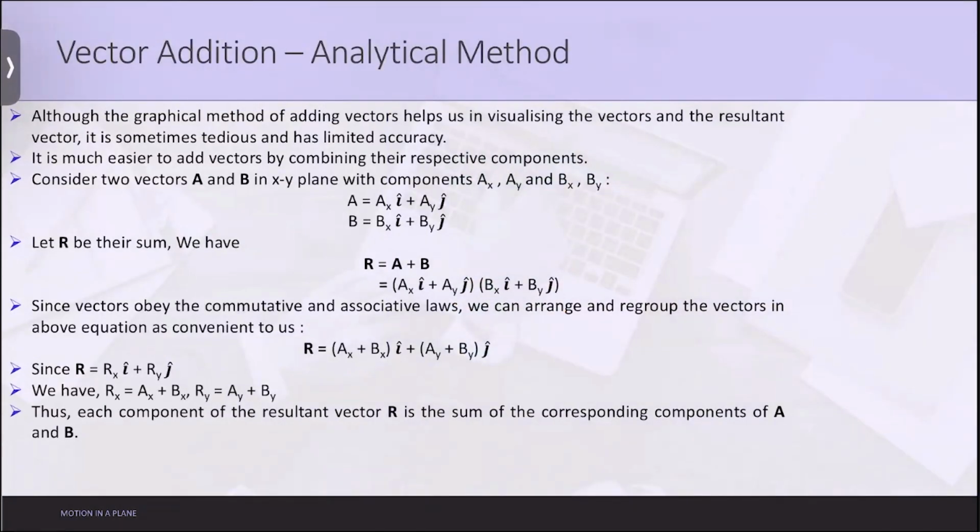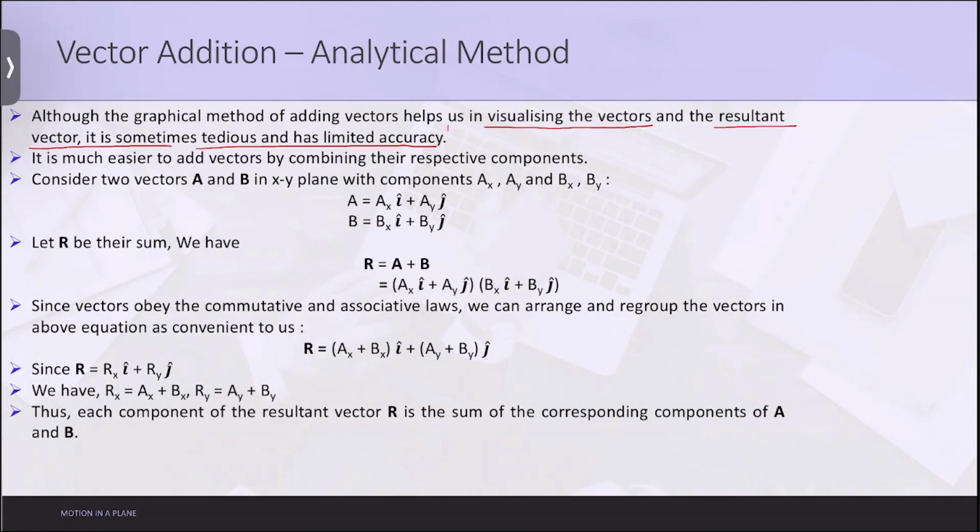Okay, so although the graphical method of adding vectors helps us in visualizing the vectors and the resultant vector very clearly, it is sometimes tedious and has limited accuracy. Sometimes accuracy cannot be calculated.